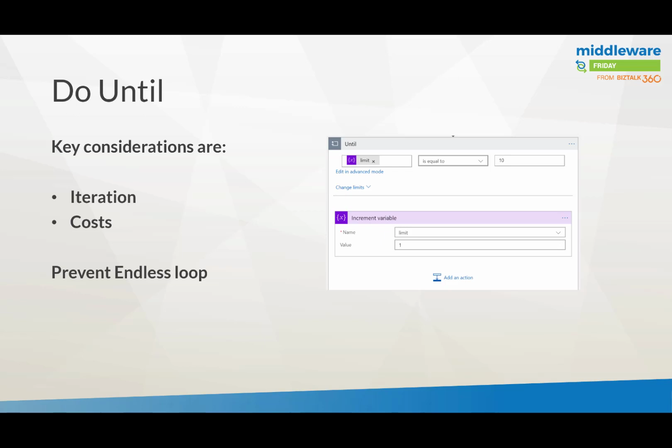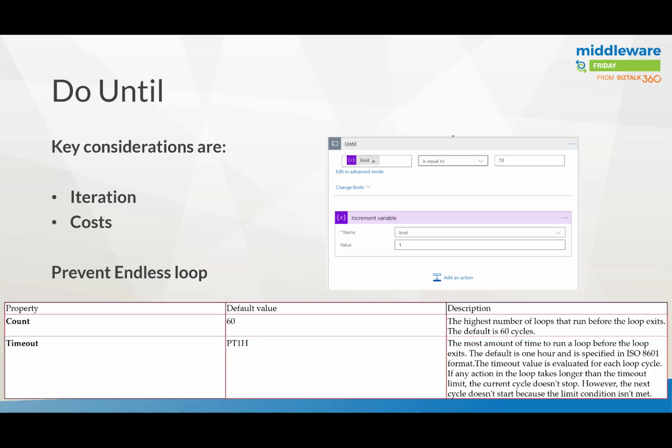The other thing to think about with do until is preventing an endless loop. So I've put a count in here as well. The default is 60, but you can increase or lower it, and there's a timeout. This is built in, otherwise you will keep running your actions and again run into costs.